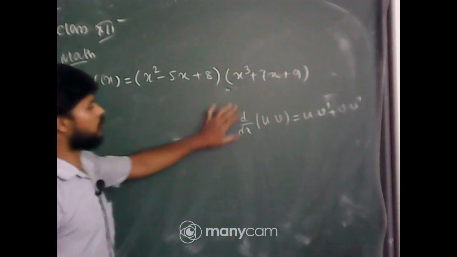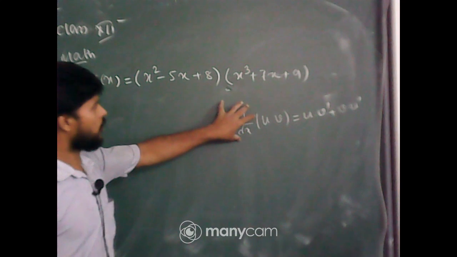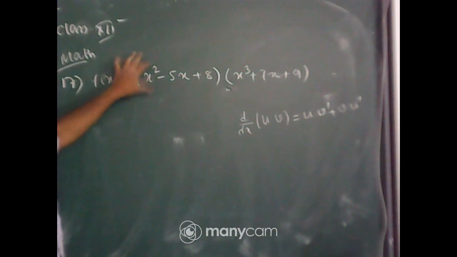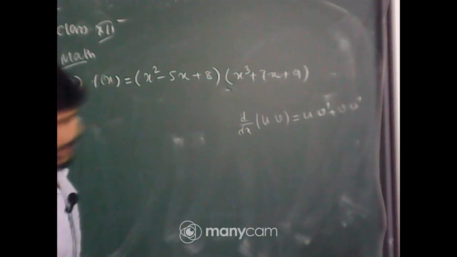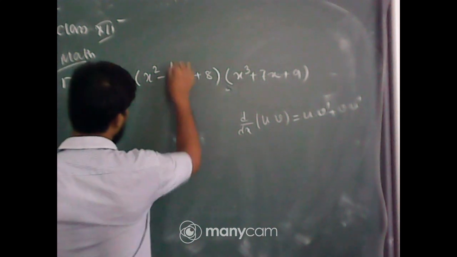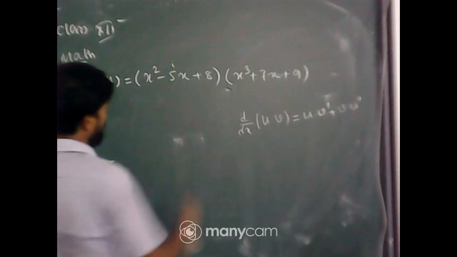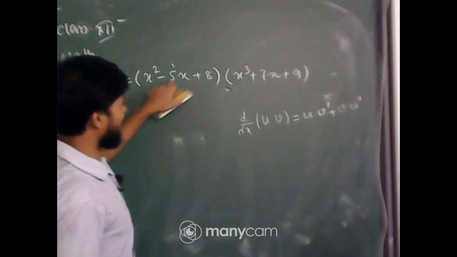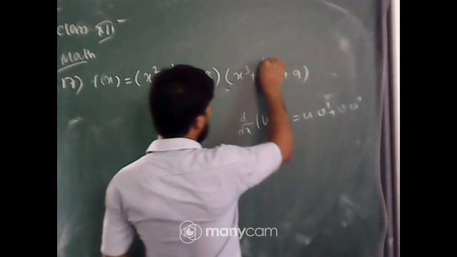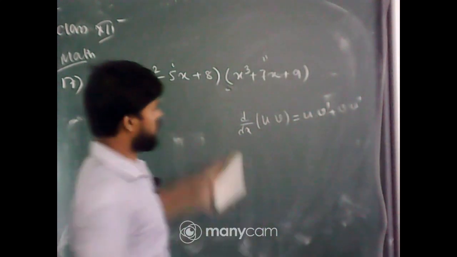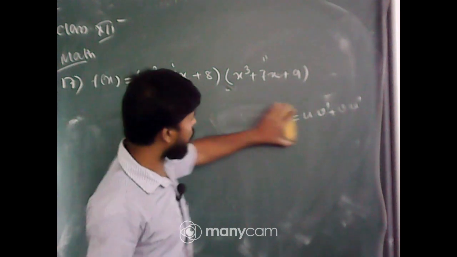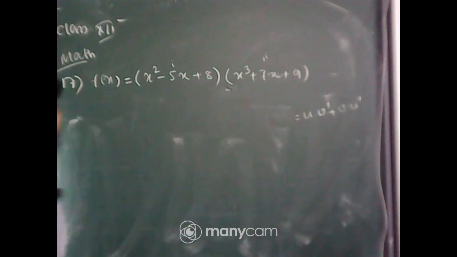We will use this rule to find the differentiation of this function. So we take the expression within the first bracket as the first function and the other expression as the second function, and then we apply this formula.